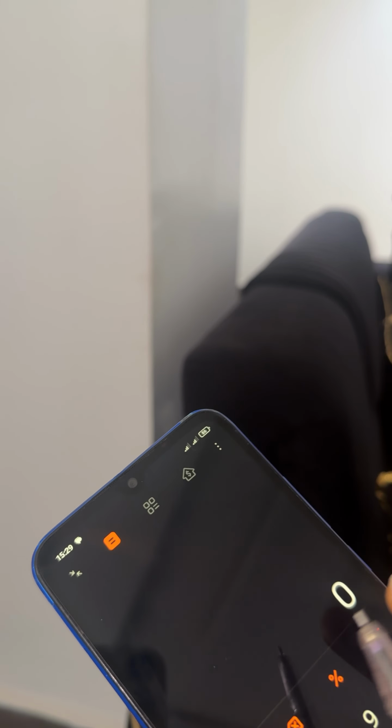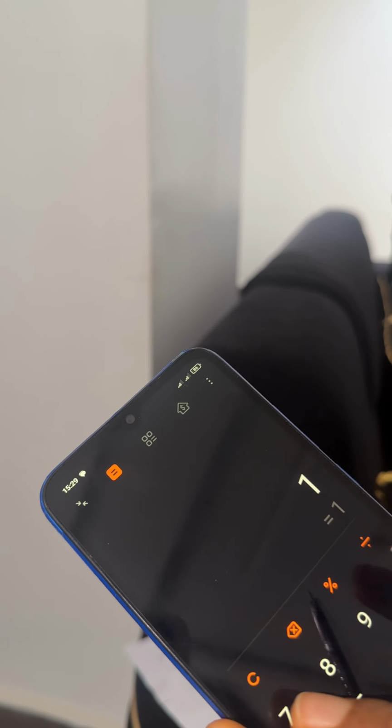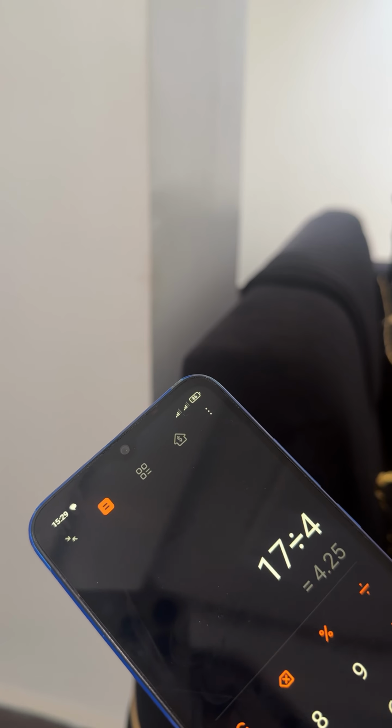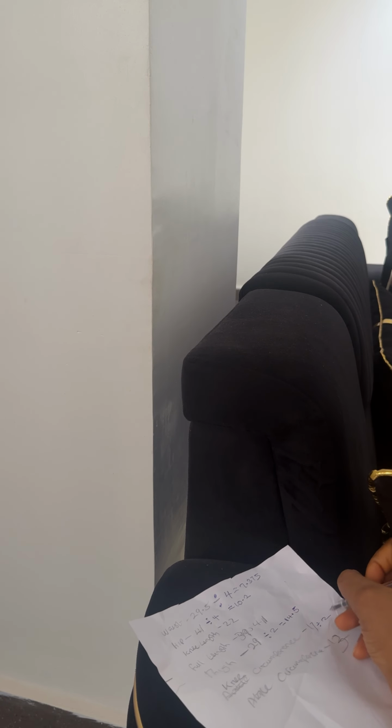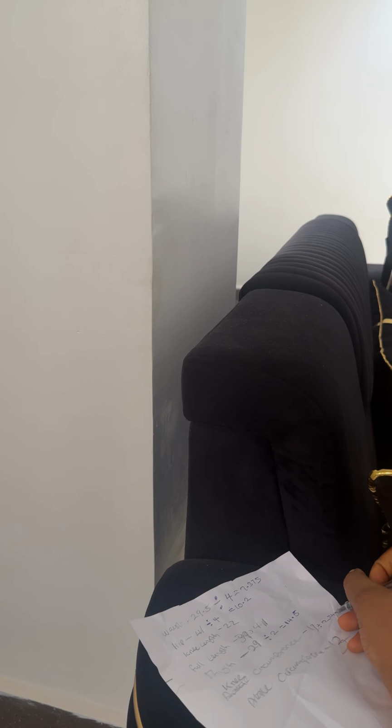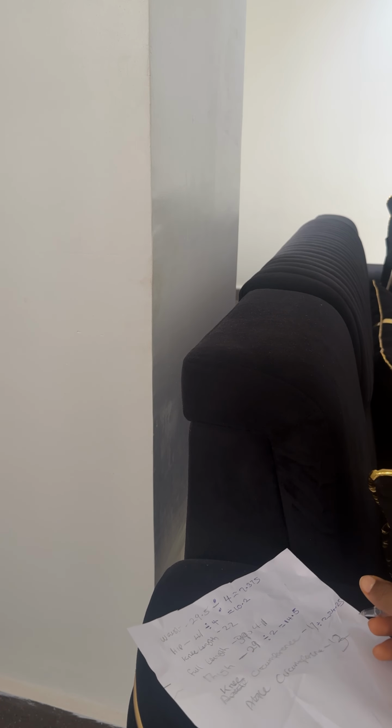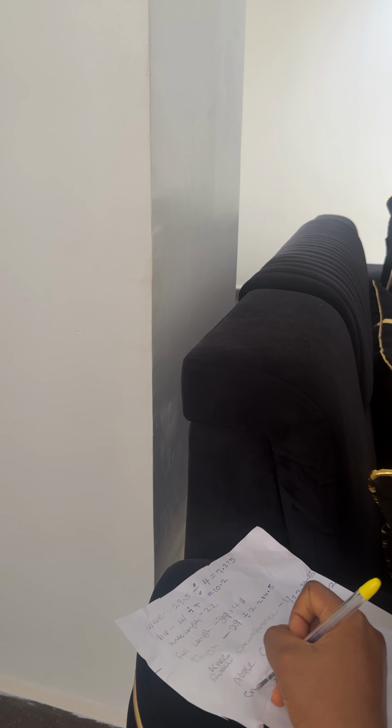I will tell you why when we are drafting the pattern. Now 17 divided by 4, we have 4.25. Next is the ankle. The ankle is 13. 13 divided by 4 is 3.2.